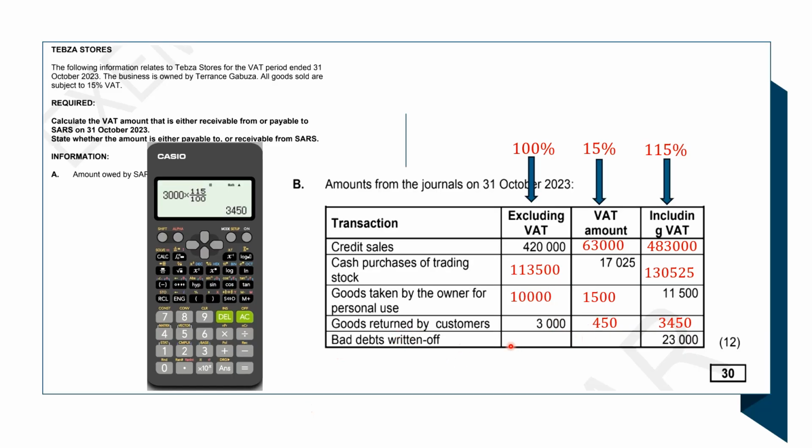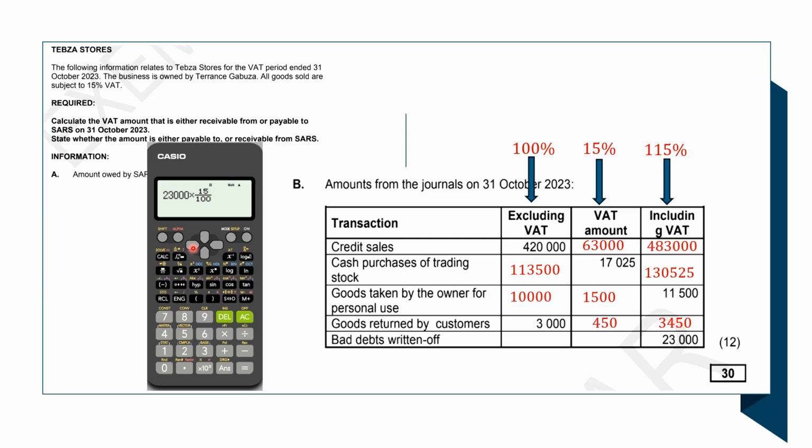Now we're calculating our bad debts written off. For our bad debts written off, we're going to take the 23,000. Our 23,000 is 115%. What do we want? We want the 15%. So we're going to say 23,000 times 15 over what we have, which is 115%. Oh, my bad here. It's not supposed to be 100, it's supposed to be 115% down here. Let me just fix it. Let me erase that.